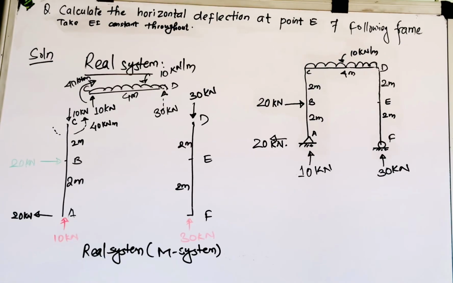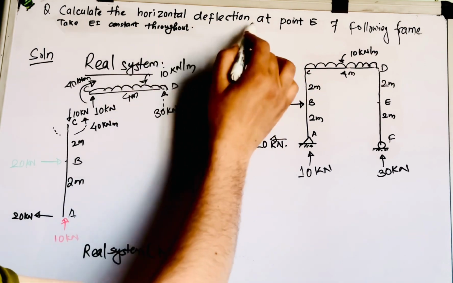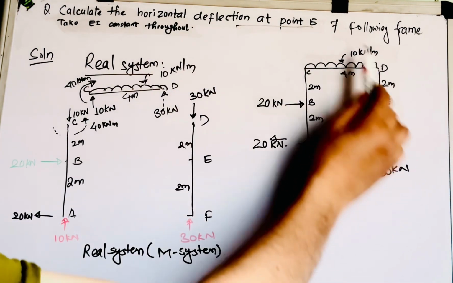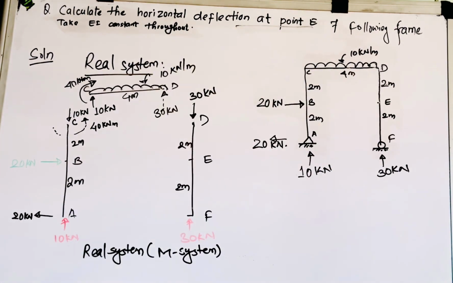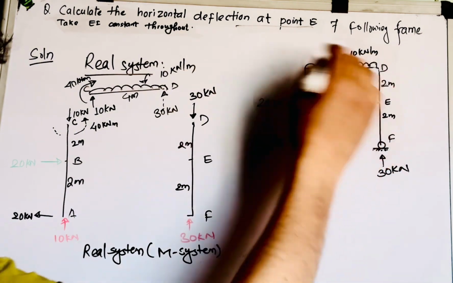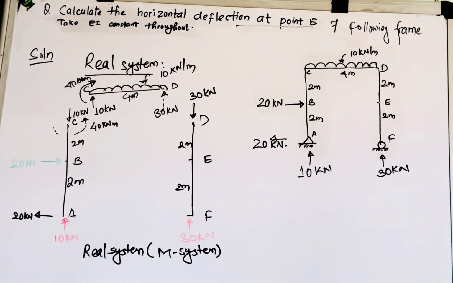In the same manner, what you need to do is make a virtual system as well. Now since you have been asked to determine the horizontal deflection at point E, you have to apply a horizontal force or unit load at point E, in the horizontal direction itself, right?